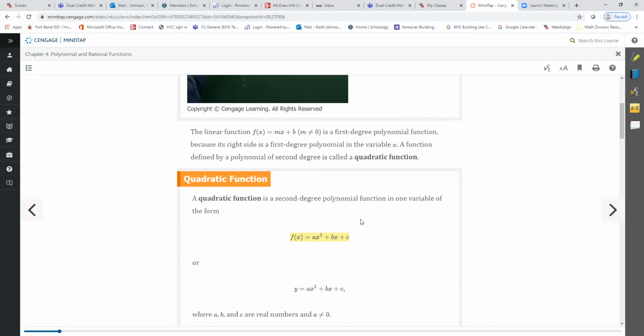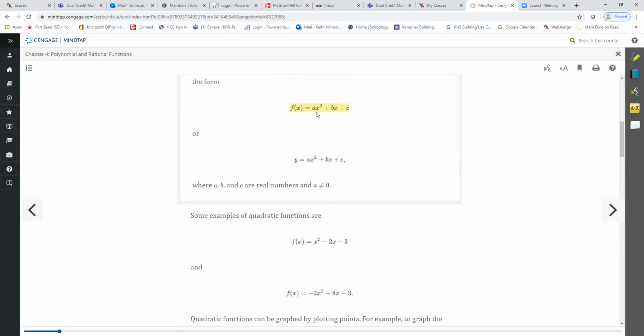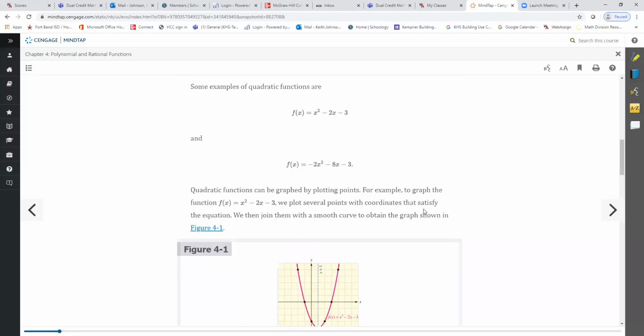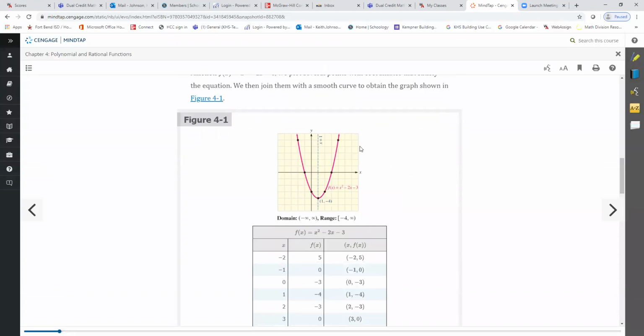A, B, and C are just going to be numbers if they're there. You have to have an A though, because you have to have the x squared. So something like x squared minus 2x minus 3 is a quadratic. This too, even though there's a negative in front, doesn't make much difference. And remember our shapes. The shape of a quadratic is a parabola.